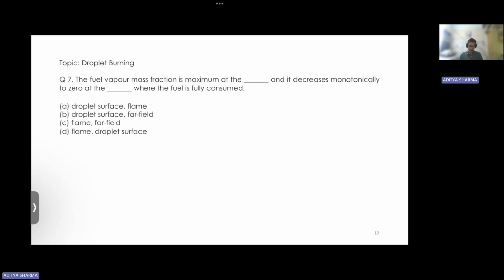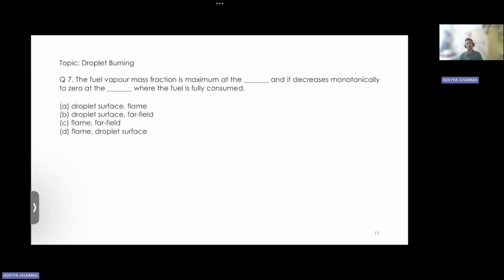The question here is: the fuel vapor mass fraction is maximum at the dash and it decreases monotonically to 0 at the dash where the fuel is fully consumed.